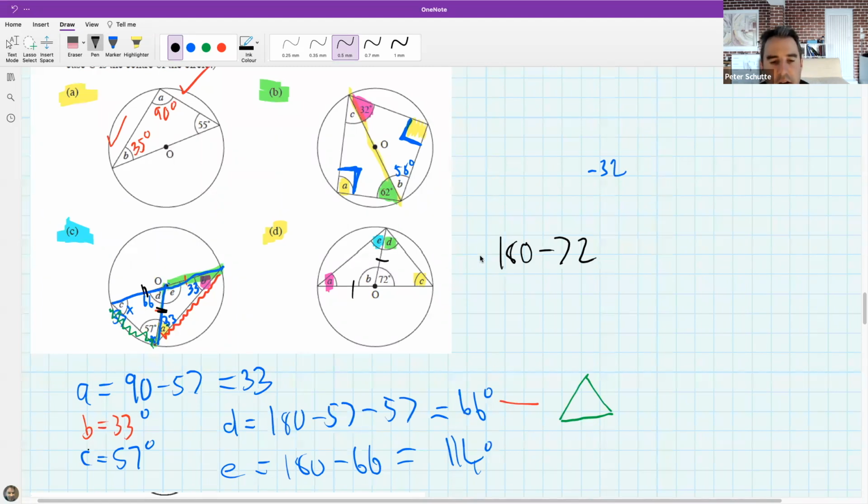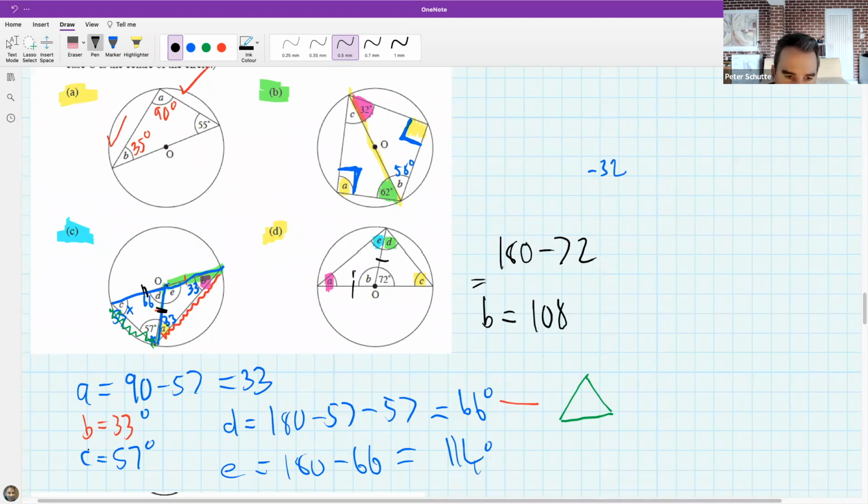Sir, I said 180 minus 72 to get B first. Okay. Oh, I see what you mean. I understand now maybe what was being said before. So we get B because it's on a straight line. Yes. And so that's 108.